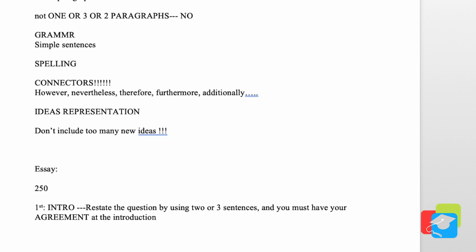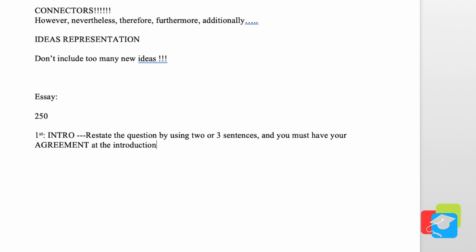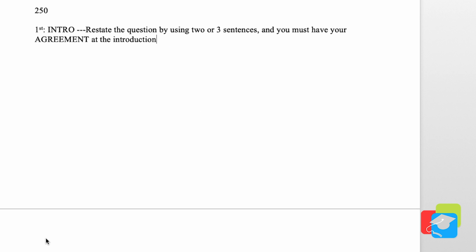So in the introduction, make sure that you rephrase or restate the question using two or three sentences, and on top of that, you have to give your opinion. So you have to have your agreement in your introduction. Normally the question gives you options, A or B, or do you agree or disagree, then you always have to add what you agree with. And then after that, in your second paragraph, make sure there's one line gap.